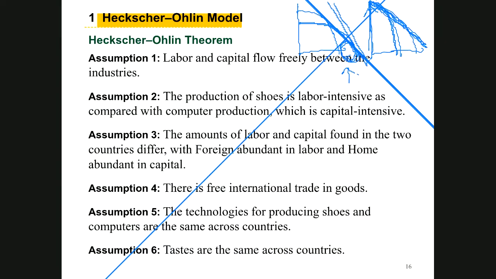So the result of the Heckscher-Ohlin model tells us the capital abundant country should export the capital intensive good and import the labor intensive good, while the labor abundant country should export labor intensive goods while importing capital intensive goods.